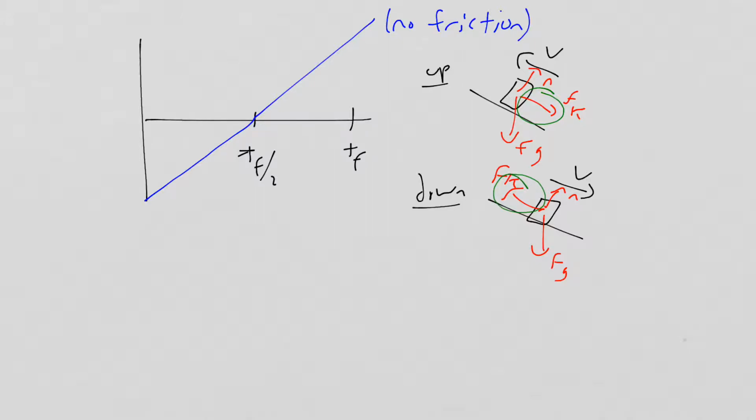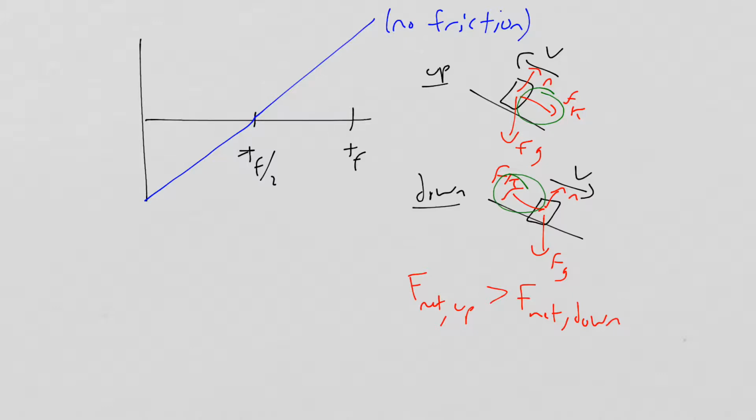Right, up the ramp, we have to be able to conclude that F net up is greater than F net down. I don't need an exact value, but when I'm going up the ramp, the component of gravity points down the ramp and friction points down the ramp, so they add and become larger. When I'm going down the ramp, they point in opposite directions, so they're going to somewhat cancel out.